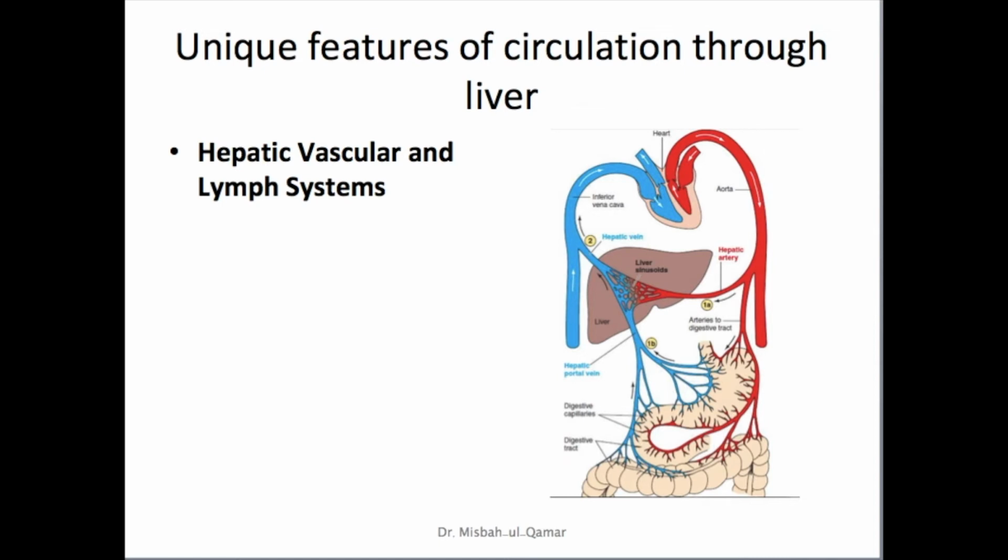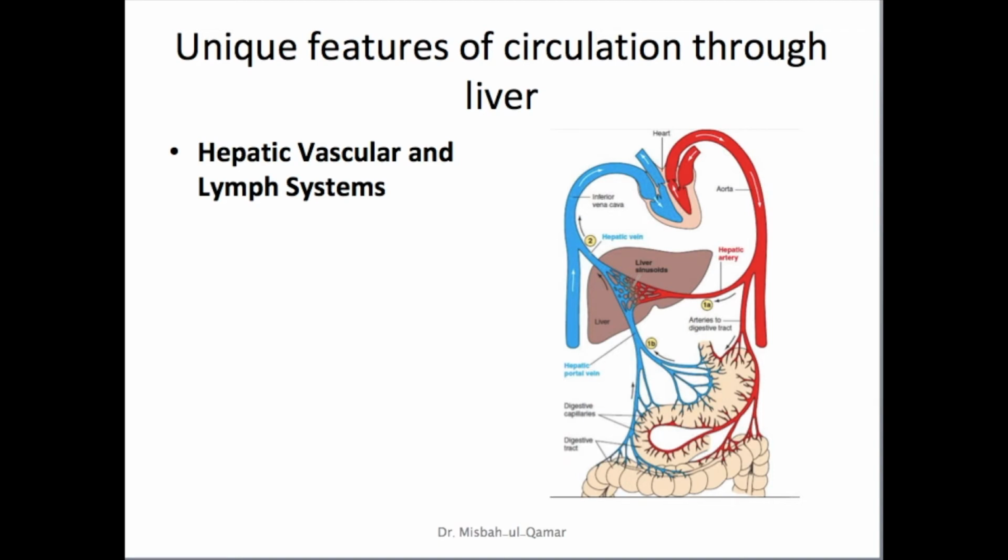So, how is high blood flow achieved? You see, the sinusoids receive around 1350 milliliters per minute, which is around 27% of cardiac output. Now, here the portal vein contribution is around 1050 ml, and from the hepatic artery, 300 ml comes.